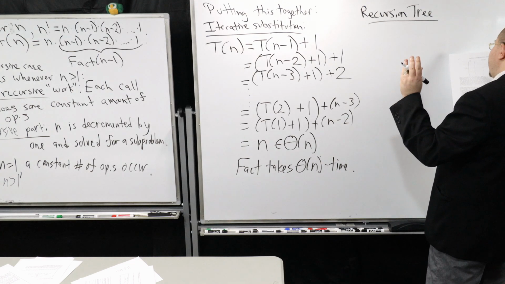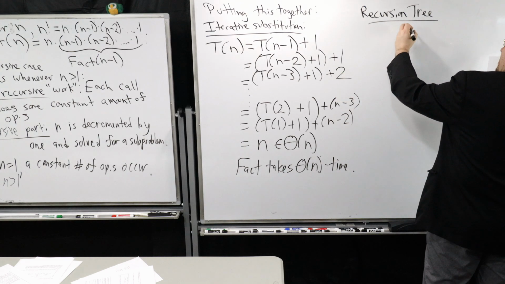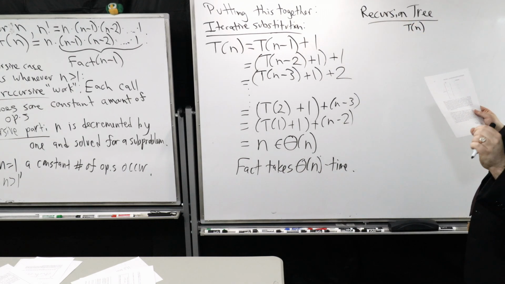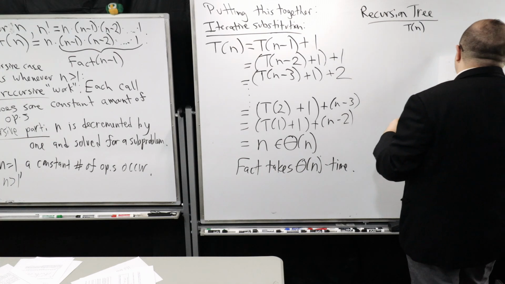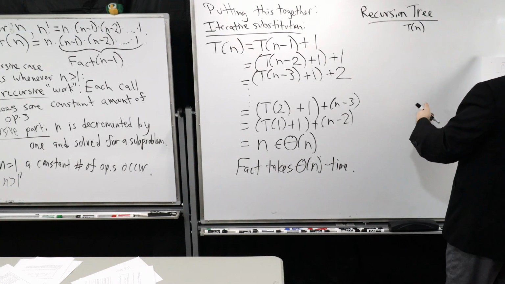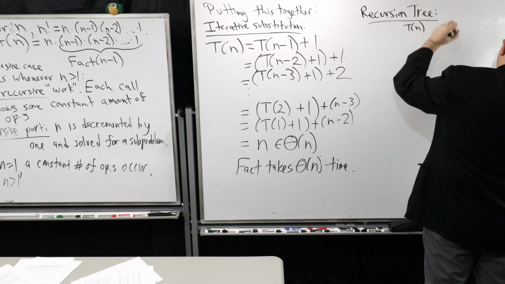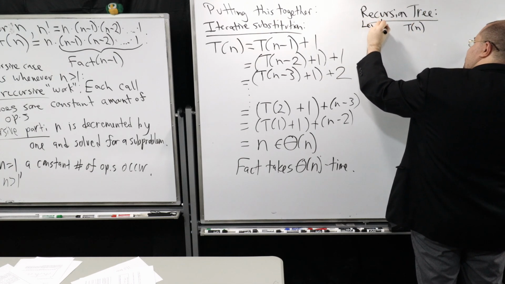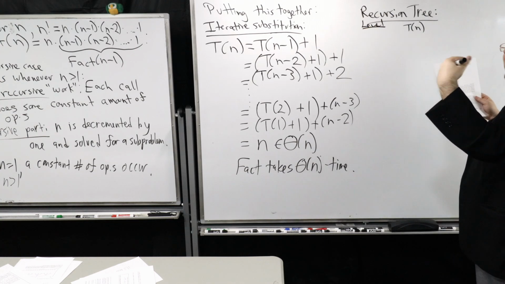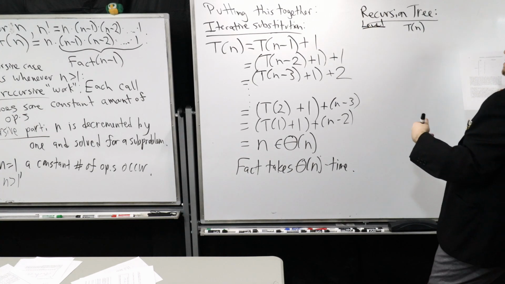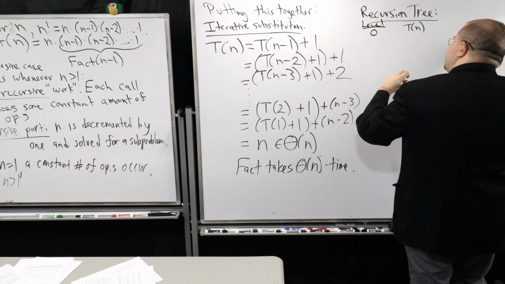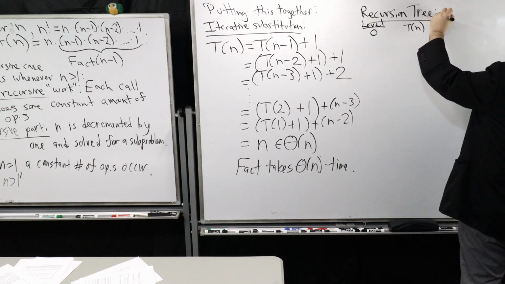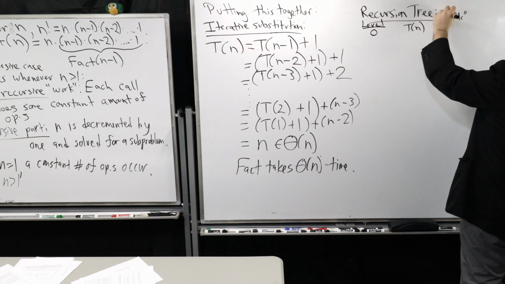So I'm going to try to capture this idea. When I start off at t of n, which I'm going to replace with something in a little bit, I'm going to imagine that the level in the recursion tree corresponds to how many recursive invocations have occurred. So I'm going to start off at level 0, and I'm going to have a column called work done.